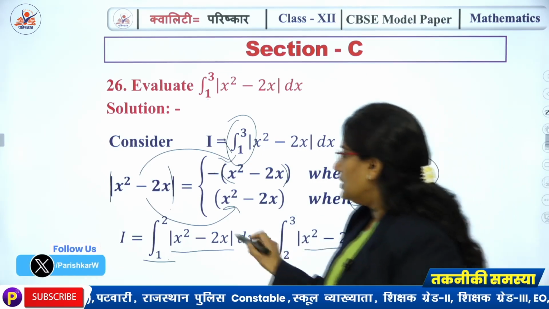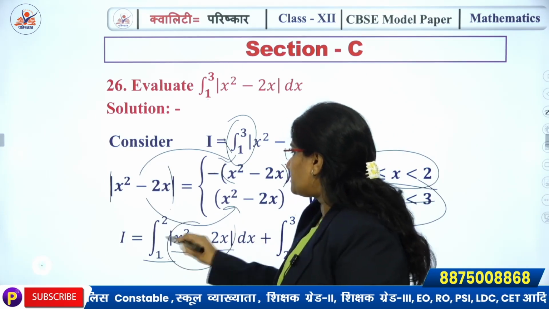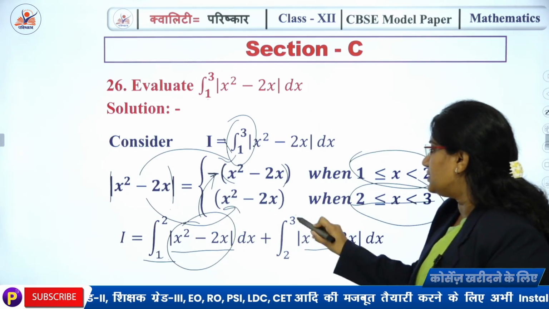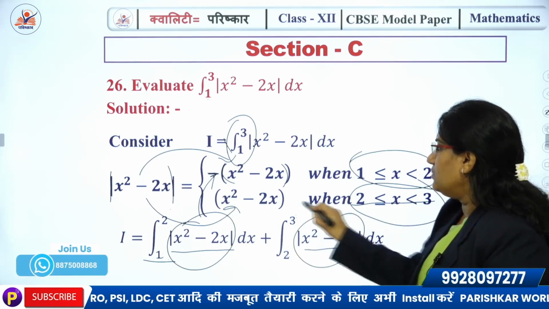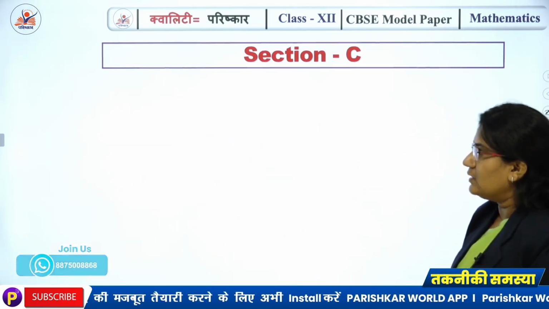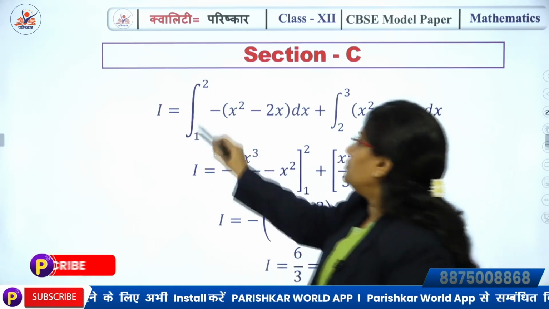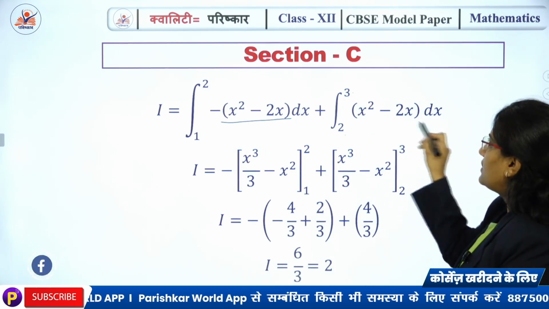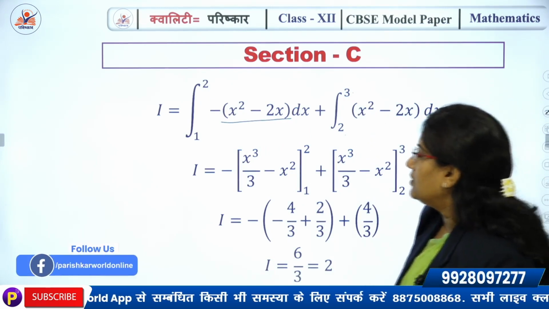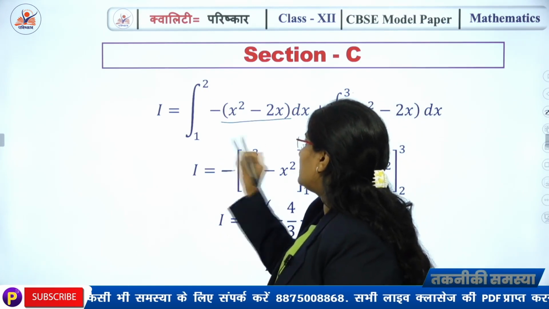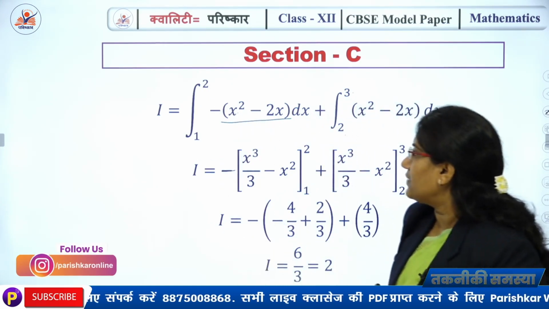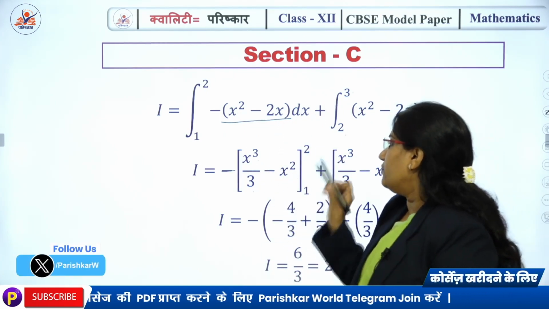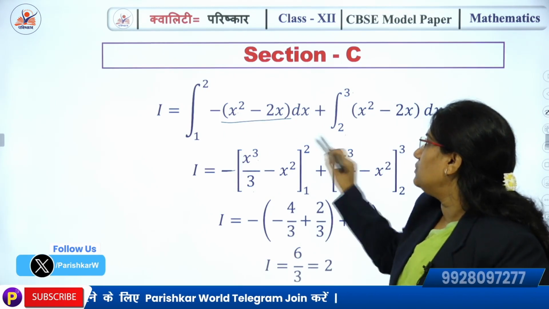Now between 1 and 2 the modulus takes the value with negative sign, and between the limits 2 to 3 it takes the value with positive sign. So put the value: integration 1 to 2 of minus (x square minus 2x) and integration 2 to 3 of (x square minus 2x) dx. We'll keep this minus sign as it is. Integration of x square is x cube upon 3, and integration of minus 2x is minus x square, between the limits 1 and 2.